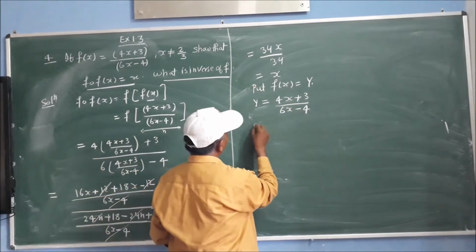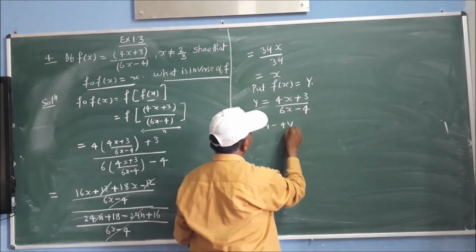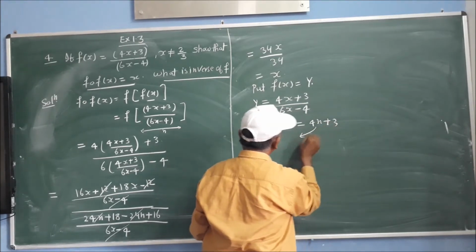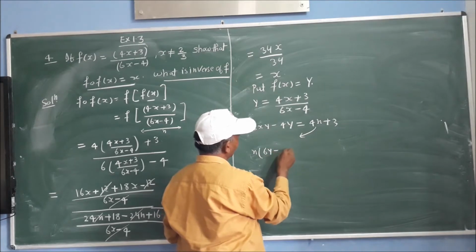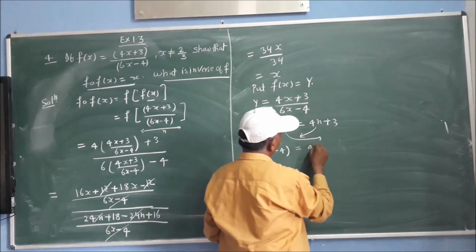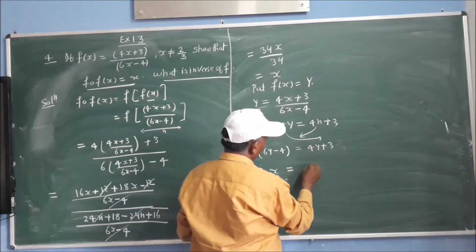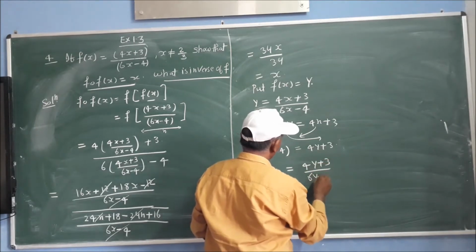By cross multiplication, this will be your 6xy minus 4y is equal to 4x plus 3. Bring this term, so you can take x common. So this will be your x(6y minus 4), and bring this to the RHS, so this is your 4y plus 3. So what is the value of x? x will be (4y plus 3) by (6y minus 4).